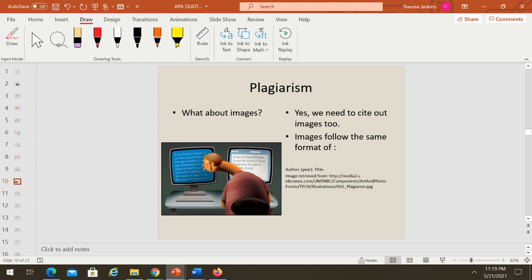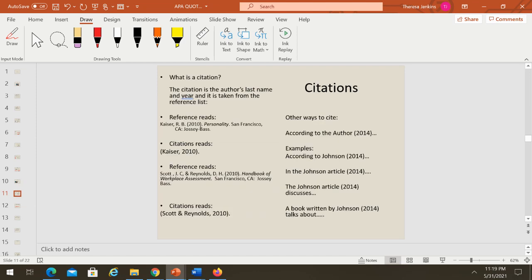Google is a search engine. You need to go to the website where the image is, and you need to reference the picture the same way you would a book, a website, or an article, okay?